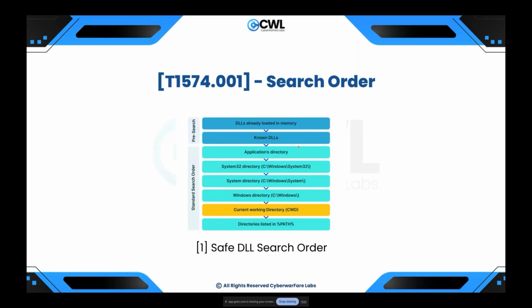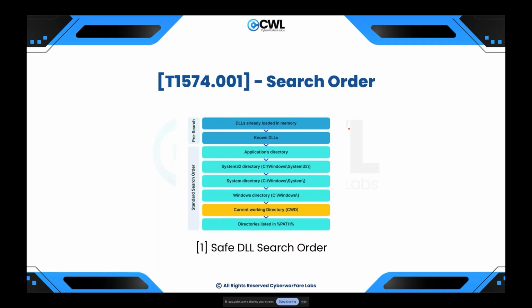Then instead of letting Windows go to the system32 directory and load dbghelp.dll from there, the attacker will simply place the malicious dbghelp.dll, which is crafted by himself, in this particular location, and the DLL is going to be loaded from the application directory itself. So these directories will not be searched afterward.